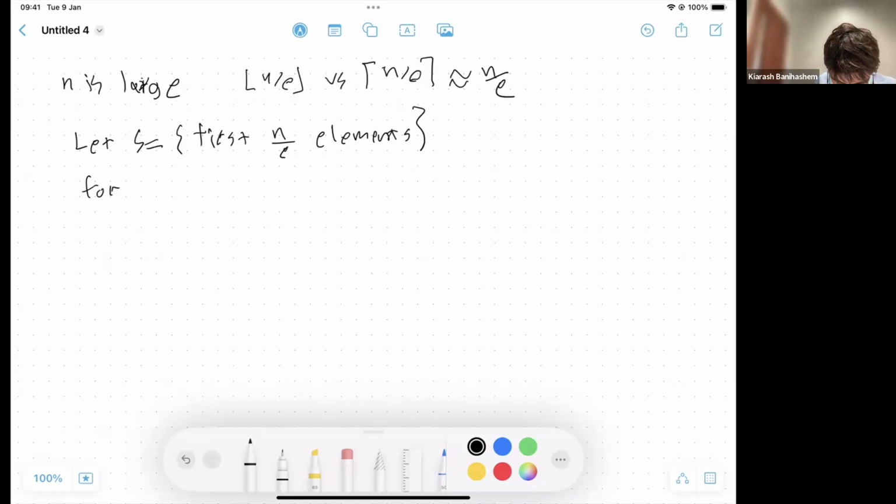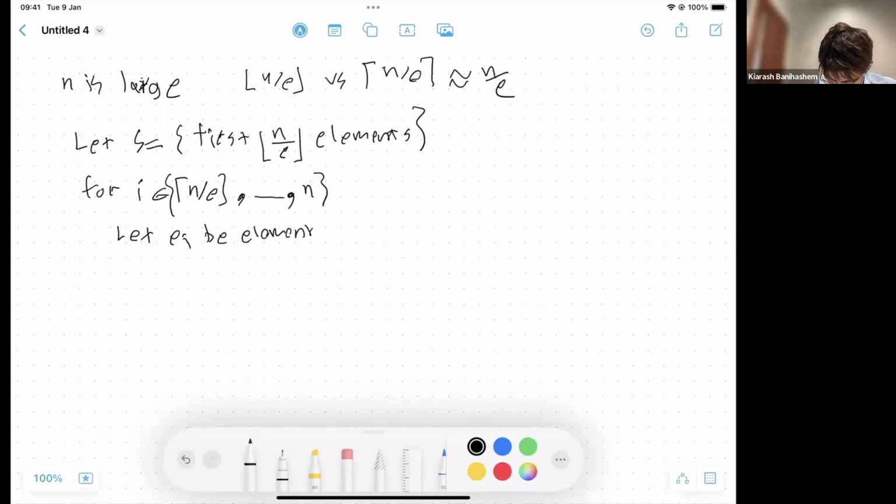For i in, let's say we can just use the floor notation for simplicity, n over e up to n, let e_i be the element arriving at time i.